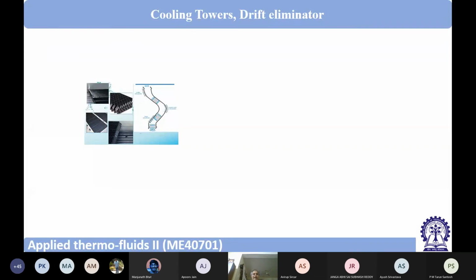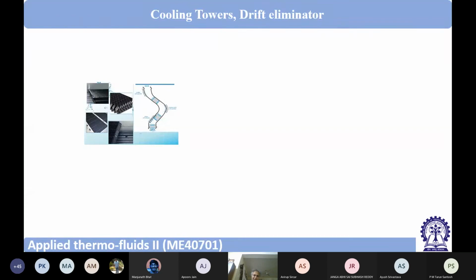Now, the fan is drawing the air. Water is falling in the downward direction and hot air will go out. When the hot air goes out, it will also take small droplets of water. That is a loss of water.